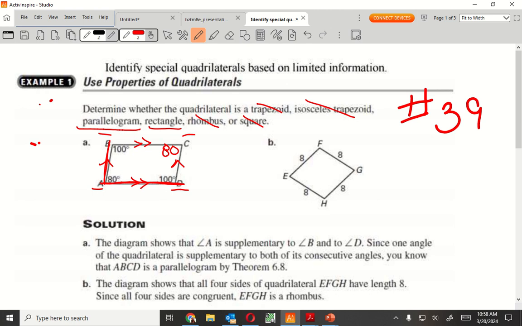So they're not all 90 degrees. Therefore, by elimination, this has to be a parallelogram. Those are parallel right there, and those are parallel, and because they're not 90 degrees, it can't be a rectangle. So now we're going to do the next one, and we're going to do process of elimination also.